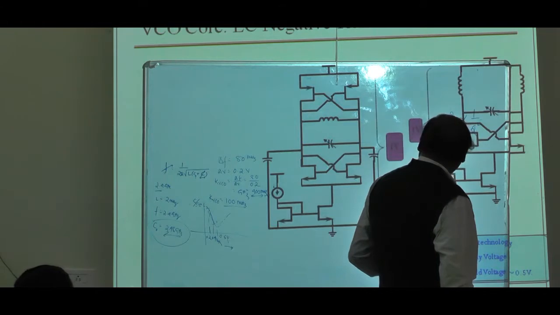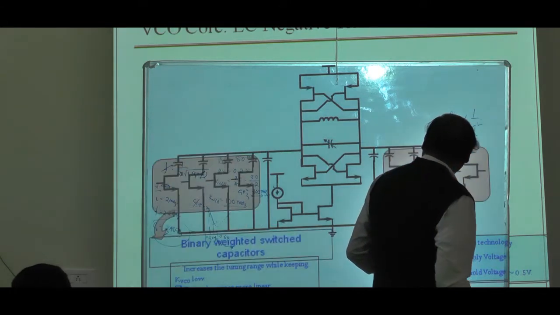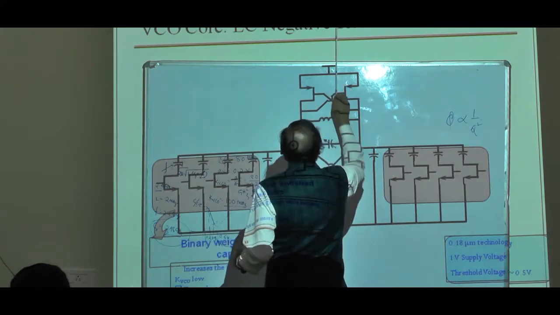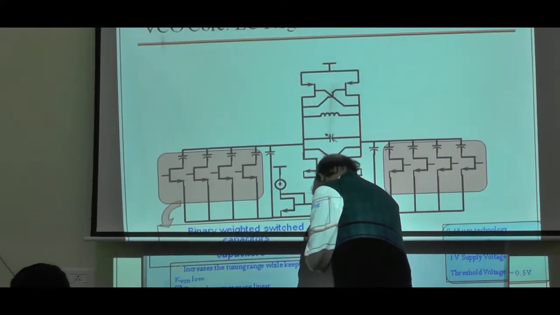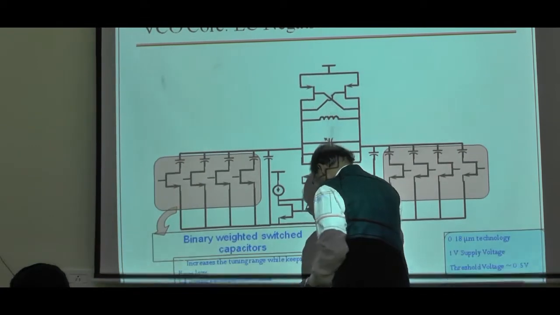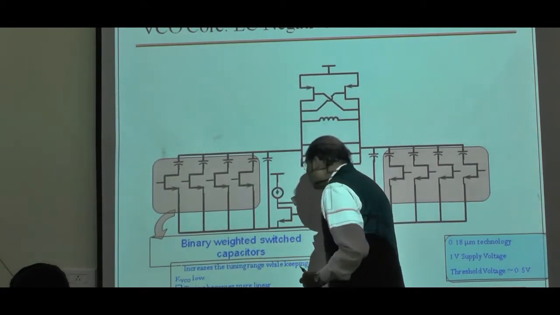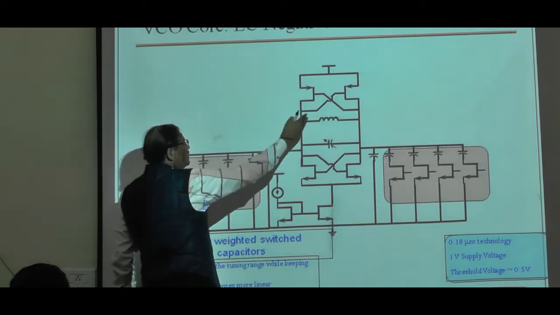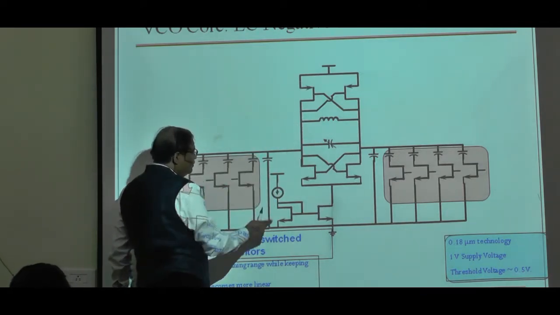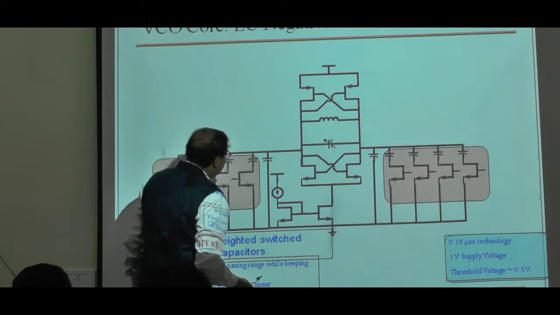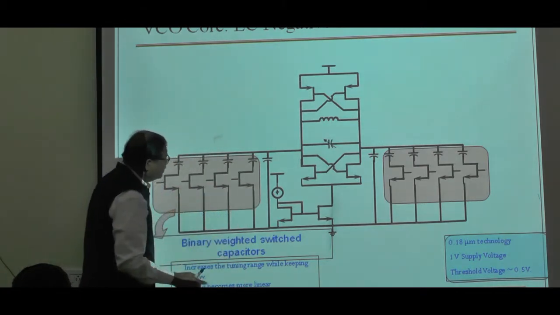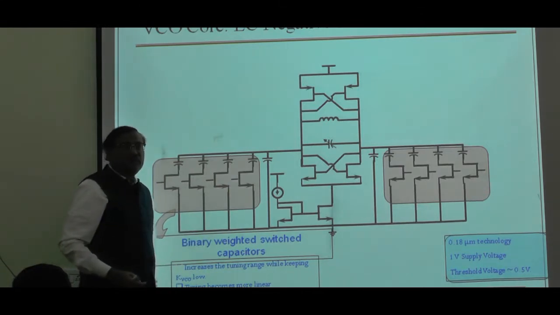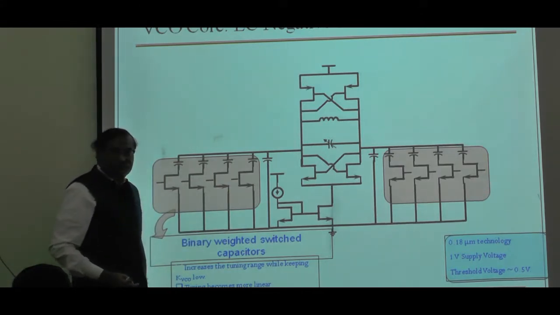So let me give you this one minute. So in spite of that, reduce this requirement. So you remember that you have this variable cap and the C0. Then along with the C0, you have introduced a capacitor with a switch, MOS switch.